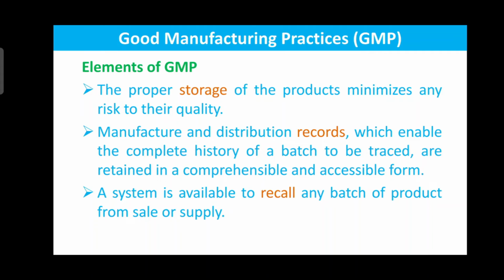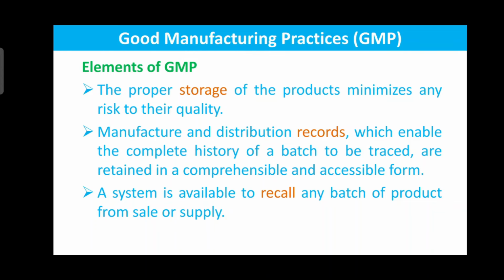Even the batch records are to be maintained. Batch records mean that when the batch is being manufactured, which in-process tests have been performed on the collected samples, which finished product tests have been performed, and what were their test results. That is basically the batch records. So all that must be maintained, and not just that.